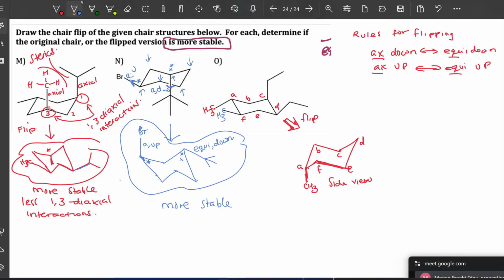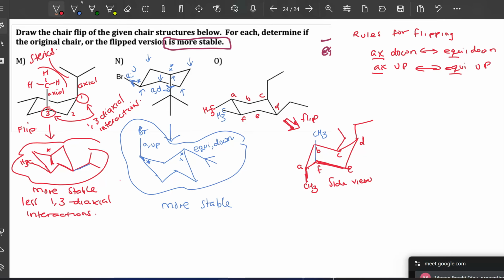This blue CH3, yes, it's going straight up. And D is going to be axial up. There he is. He's an ethyl group. And finally, C is going to be equatorial up. There he is.